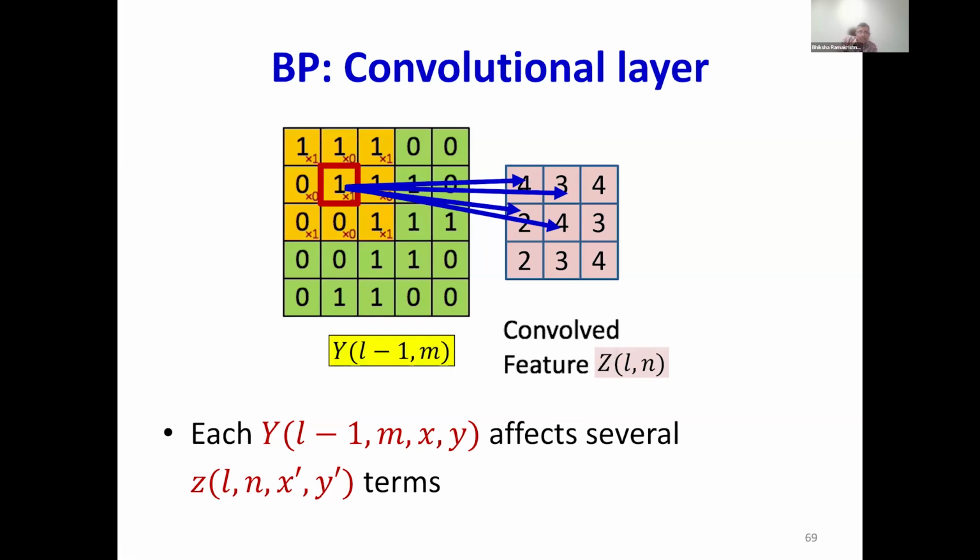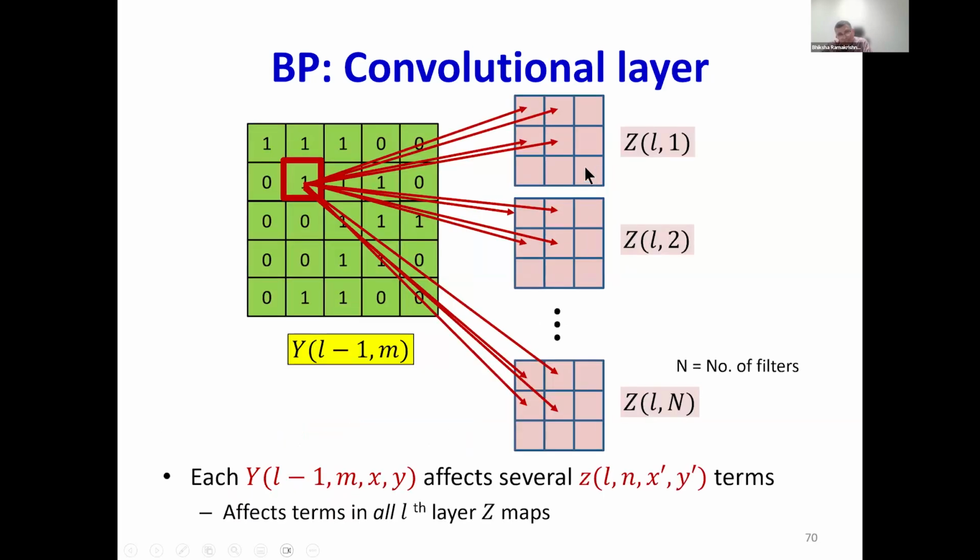In fact, in general, we can just assume that any input element over here is, in the worst case, involved in the computation of every one of the output elements. And not just of this one channel, because the filter itself has many channels.